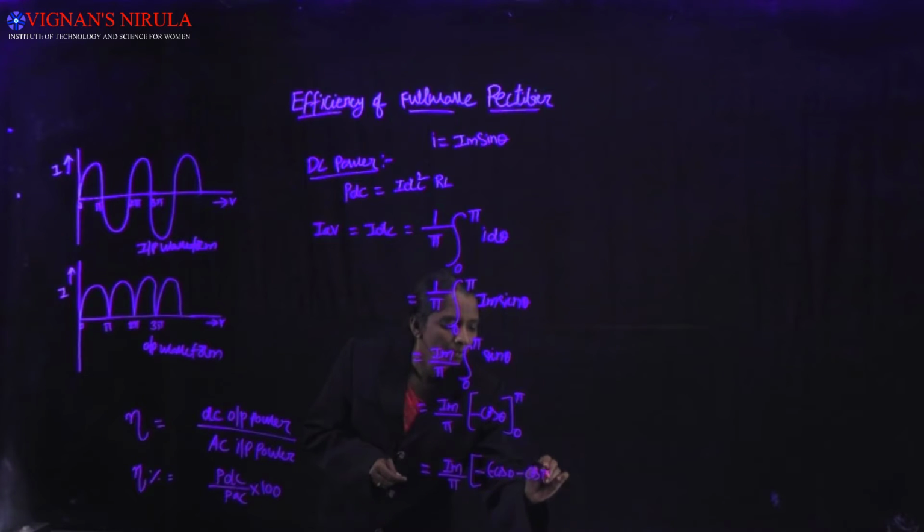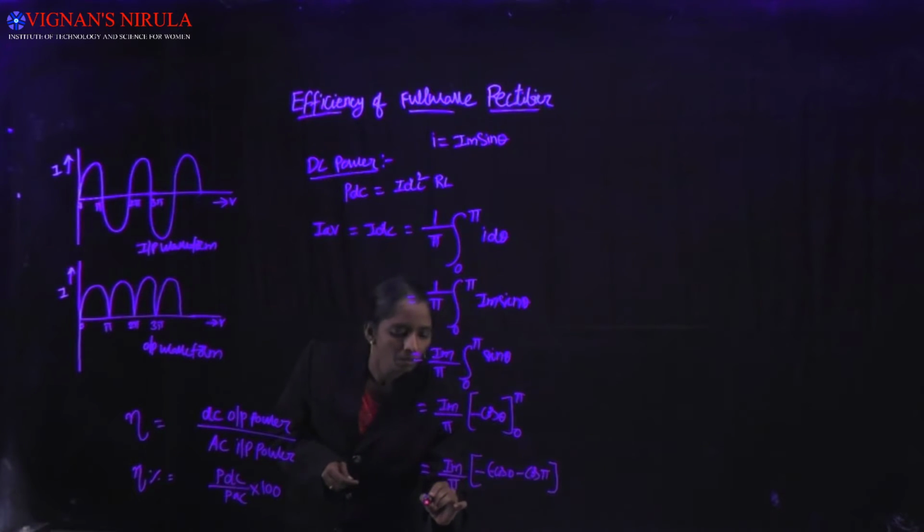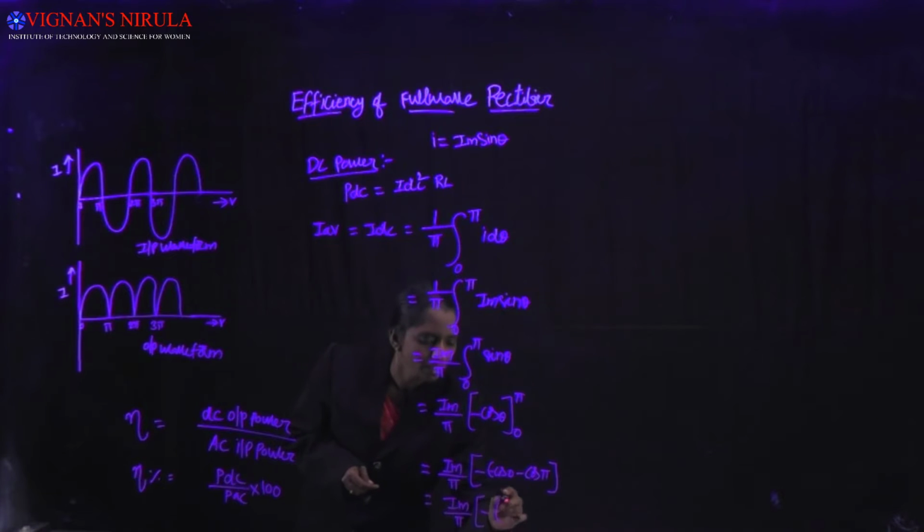Im by pi into minus cos 0 is minus 1, and minus cos pi is plus 1.